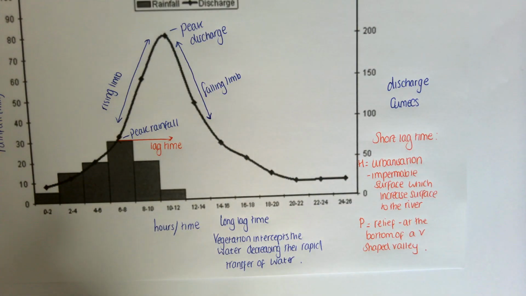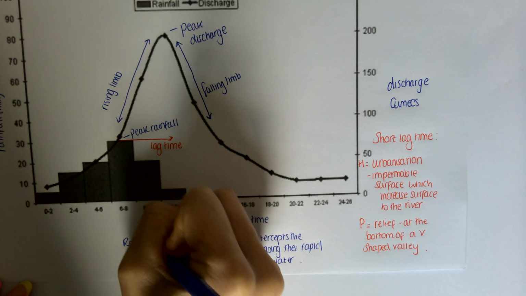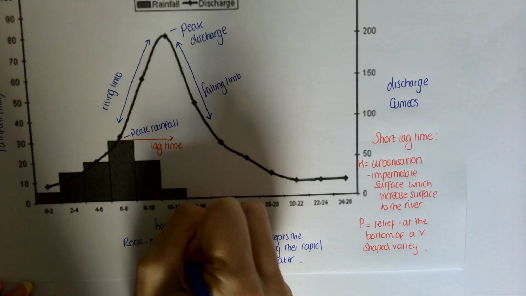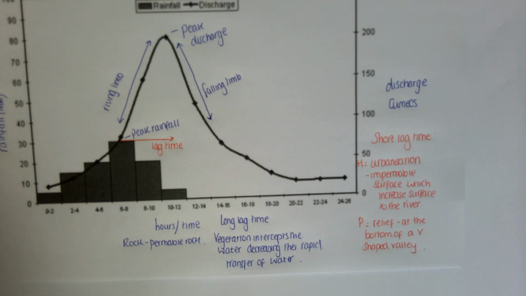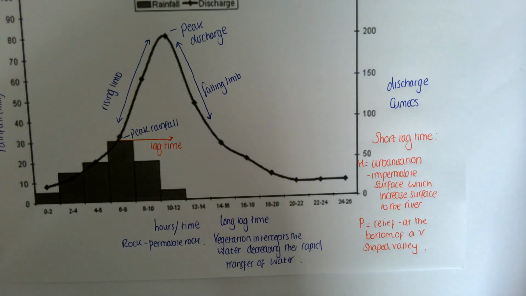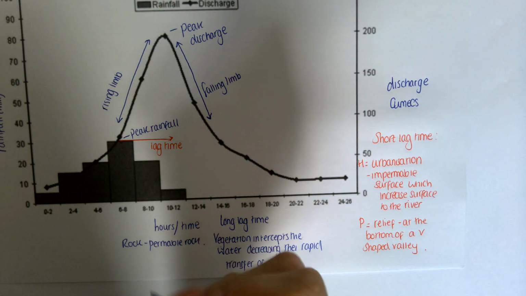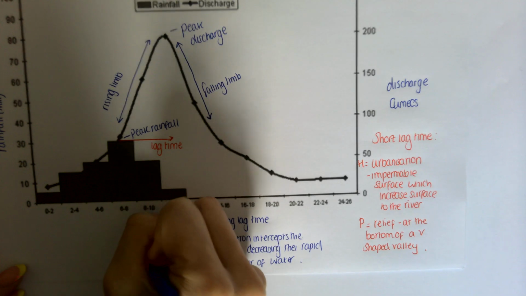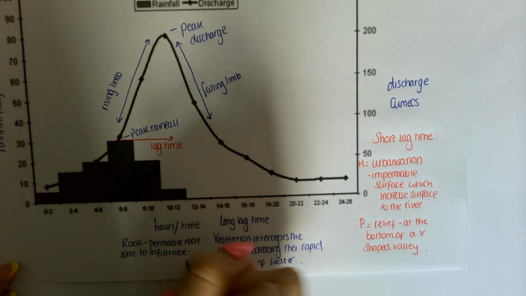You may also have a certain type of rock. So if you have a permeable rock, that could mean that the rock is able to infiltrate the water, which means it is not going to fill up your river as quick.